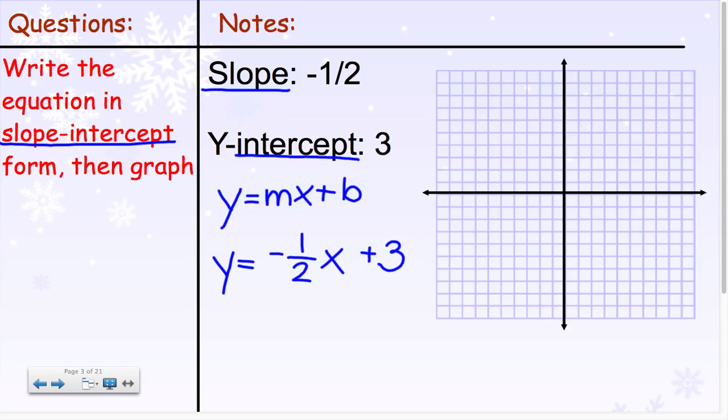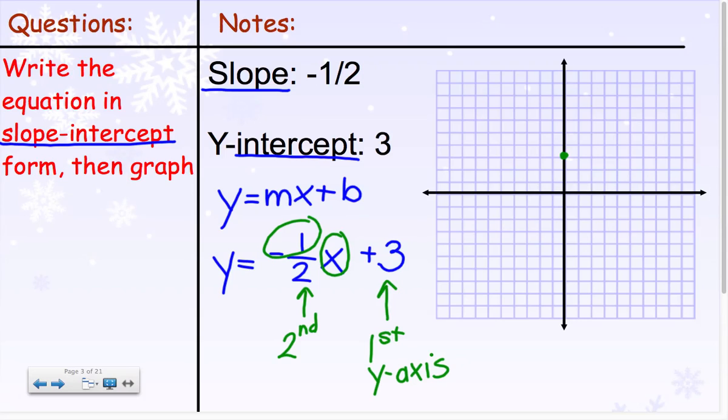Now remember on the last slide I said we always graph our y-intercept first, and we're always going to do that on the y-axis. The number next to the x is our slope. We do that one second. So I'm going to go to my y-axis and put a dot on +3. That's my y-intercept. And then from that dot, you'll notice this time we have a slope of -1/2. I always like to put the negative with the top number, and then I keep the bottom number positive.